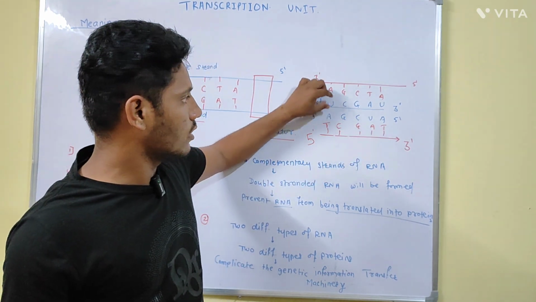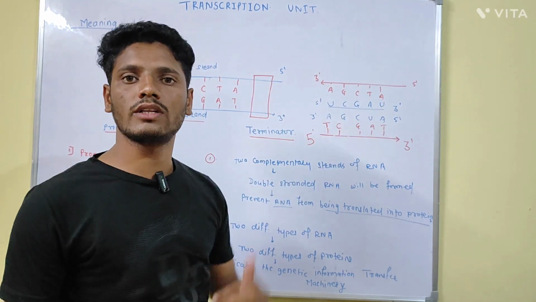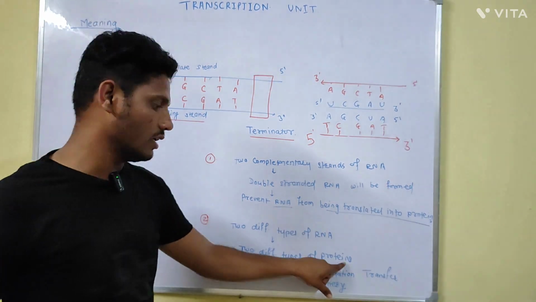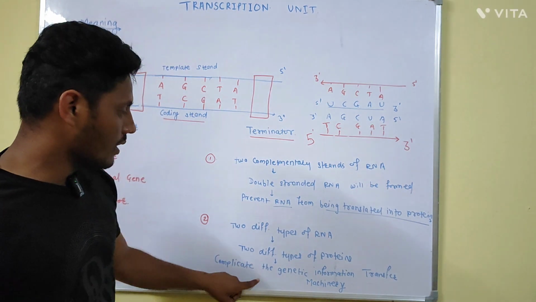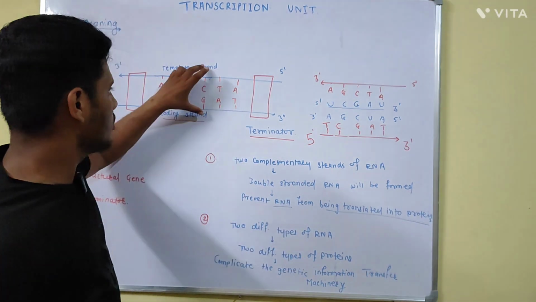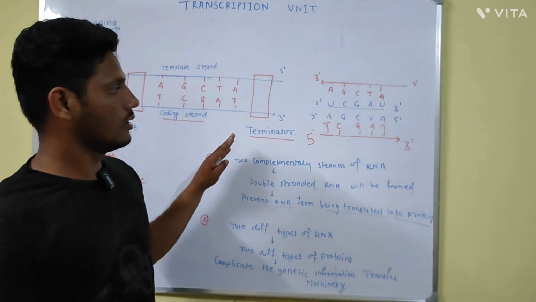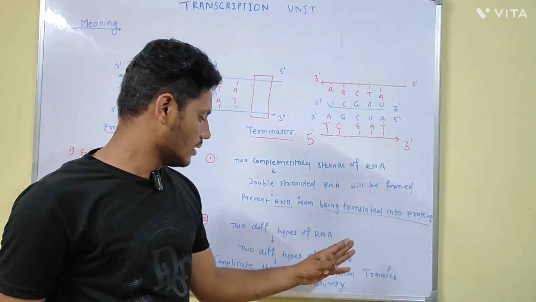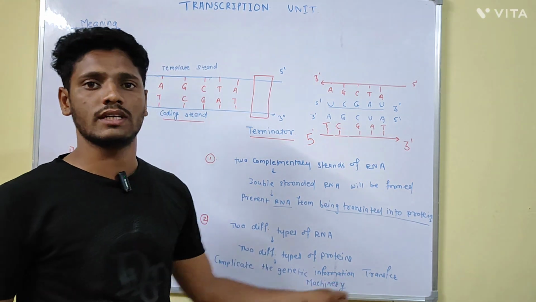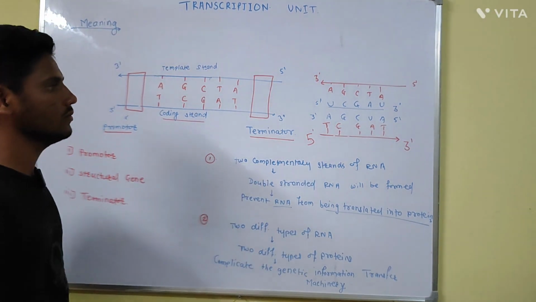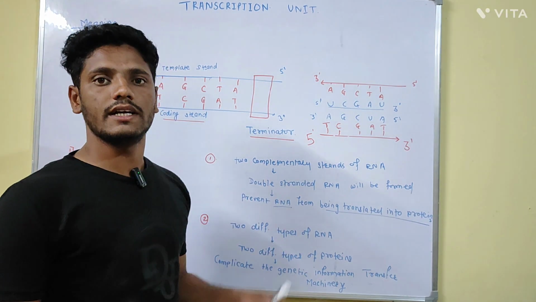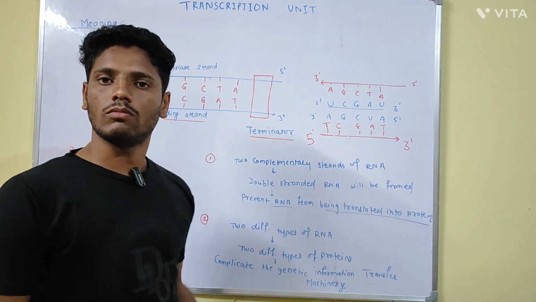These two RNAs will code for two different types of proteins, and it will complicate the genetic information transfer machinery. It means the same segment of the DNA is coding for different types of proteins, which is again a complication for the genetic information transfer machinery. And this is again against the central dogma of molecular biology.